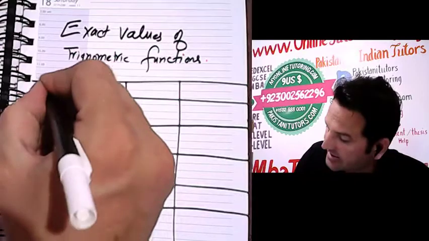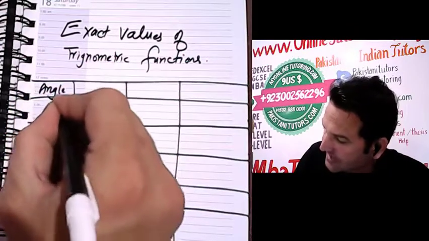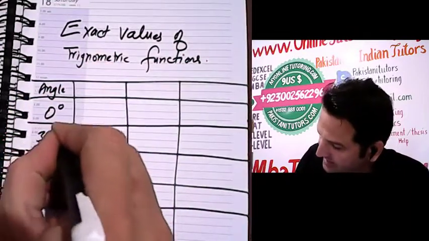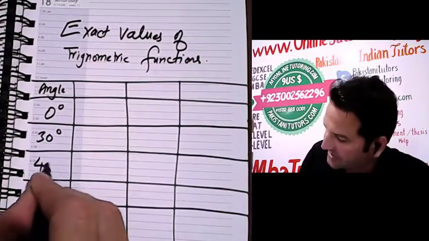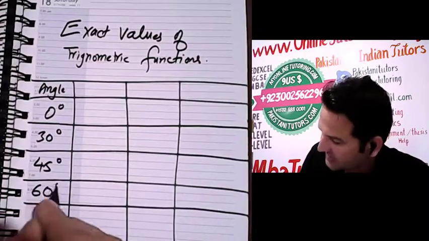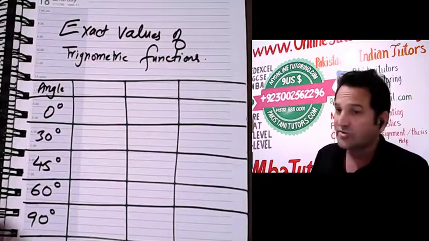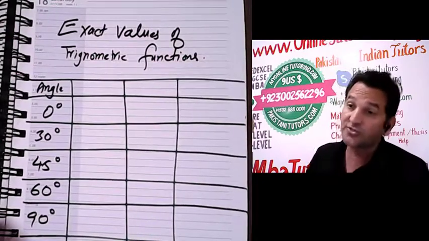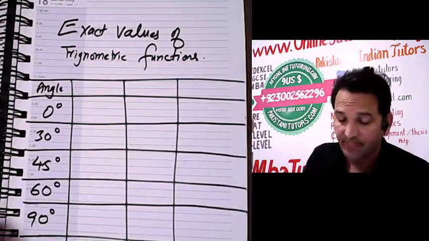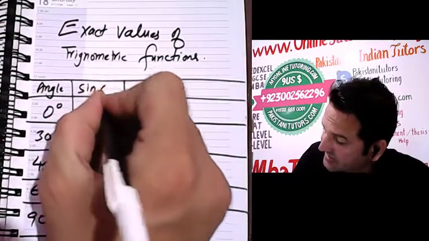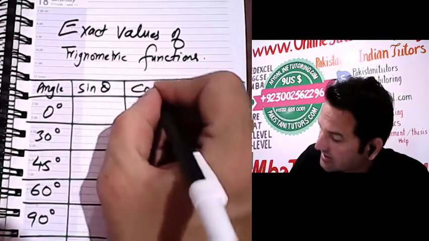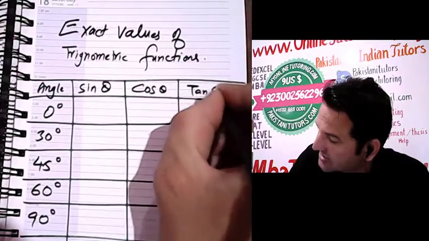So here it is angle 0 degree, 30 degree, 45 degree, 60 degree and 90 degree. So the values of those trigonometric functions are fixed. That's why this chart is also called sine, cos, tan theta.